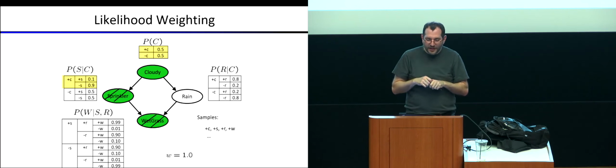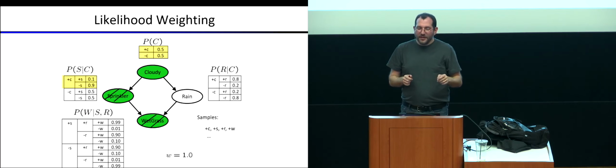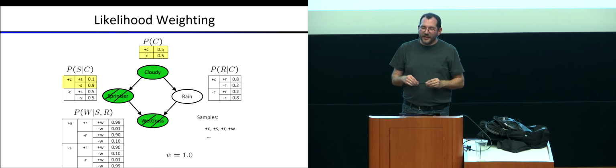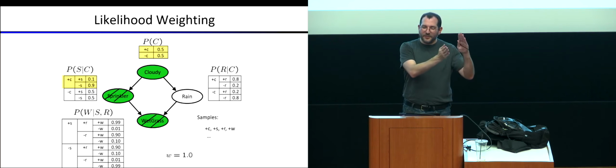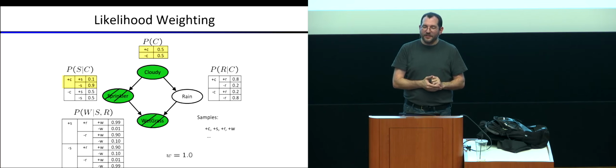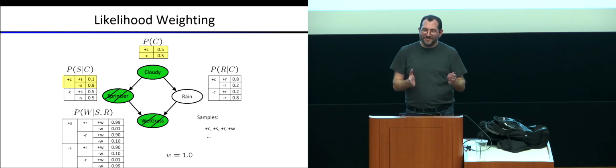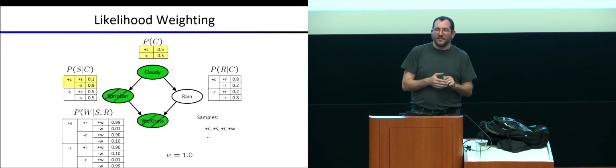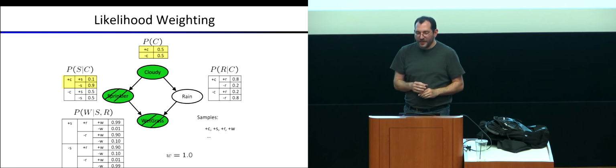multiverse of parallel execution here, instead of flipping the coin and risking a 90% chance of getting minus sprinkler, I'm going to take the universes where I actually get plus S, and I'm going to pretend I'm going into those universes, which means this sample only really represents 10% of the samples that make it to this point.